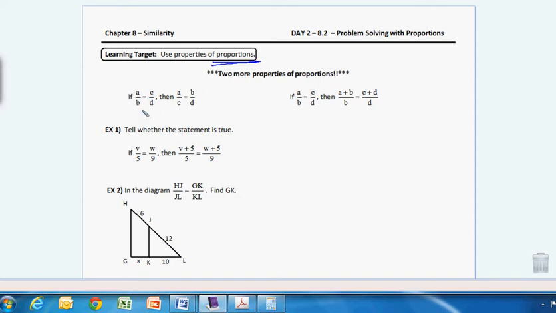If you look at this property, if we have A over B, we're comparing A and B, and that's equal to C over D, you can also write it by taking the information on top and the information below, and comparing the information on top equal to the information below.